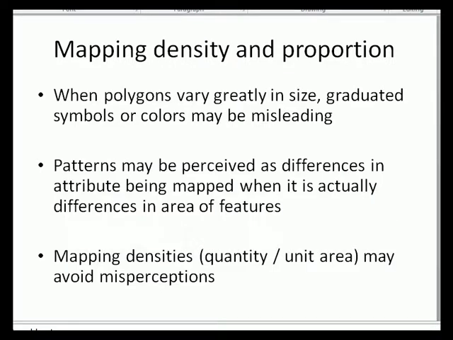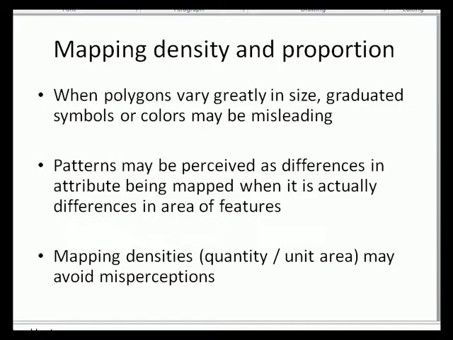When we map density and proportion, we do this because polygons that vary greatly in size can be misleading. They can seem like they have more people when actually, for the size, they don't. It's more of whatever you're mapping in a polygon, but it's such a big area that per square ground unit, it's actually not as many of what you're mapping.